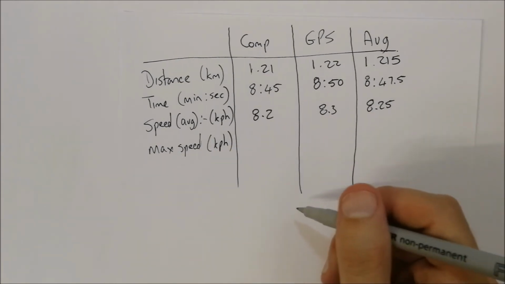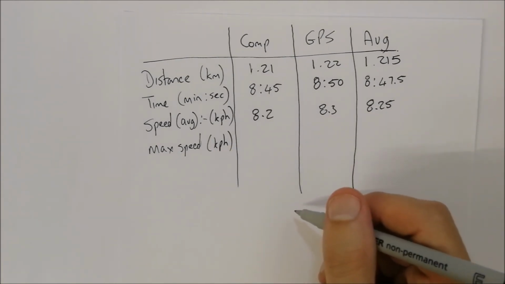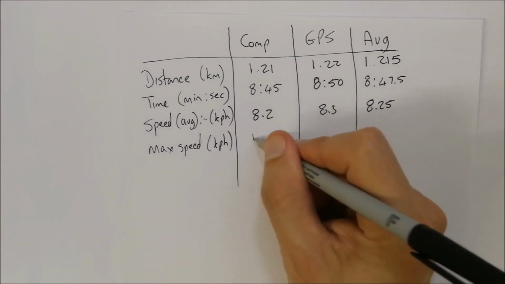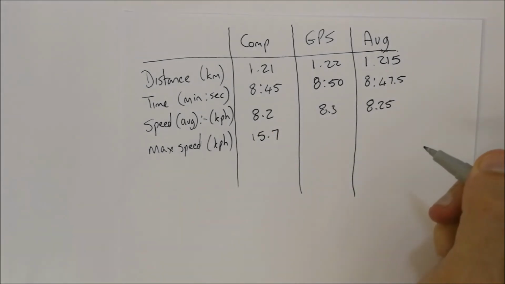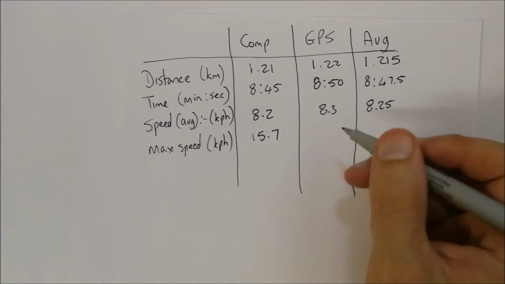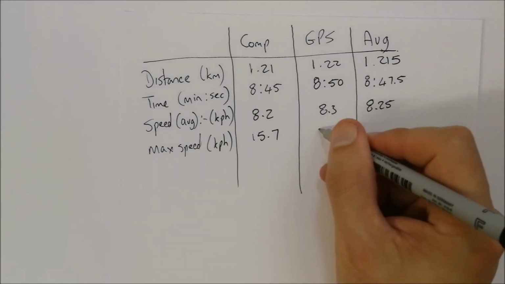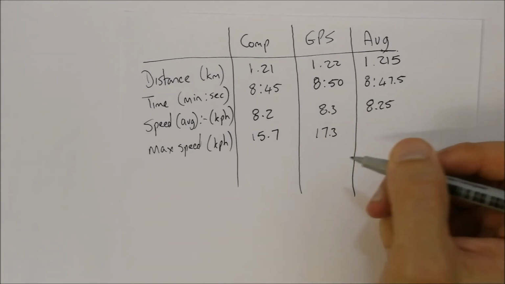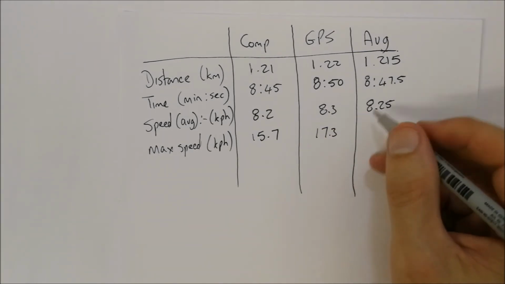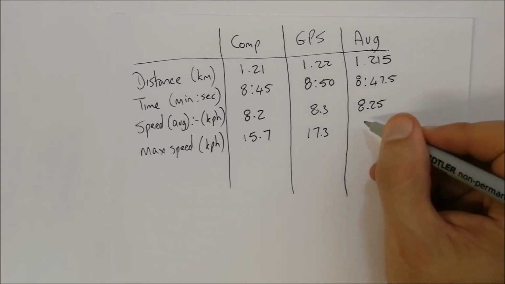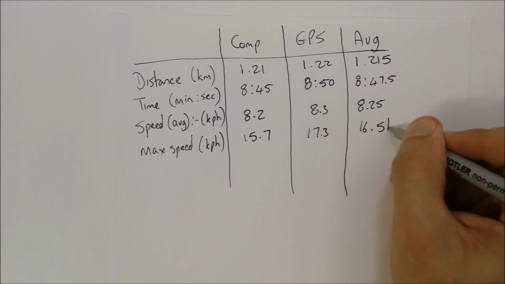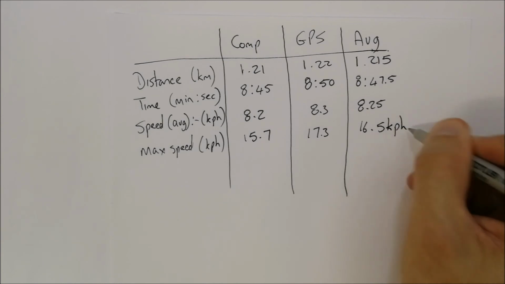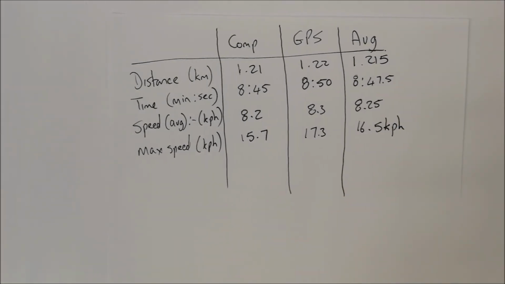And then if you look at the maximum speed, the computer indicated 15.7 kilometers per hour. The GPS found a maximum speed of 17.3 kilometers per hour, so therefore the average would be equal to 16.5 kilometers per hour.